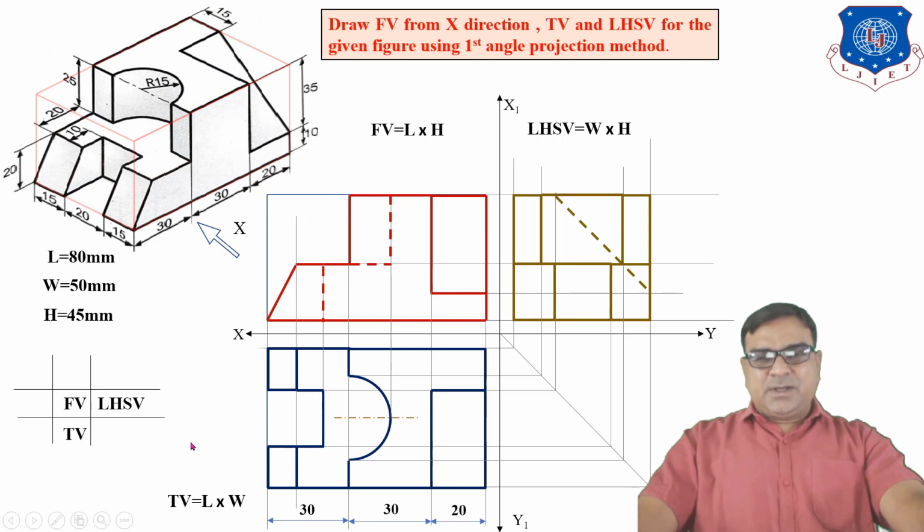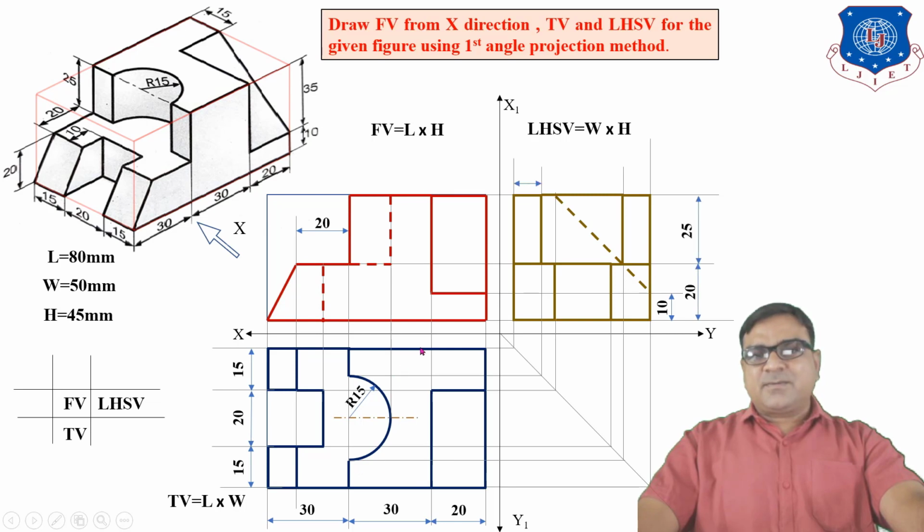So insert all the dimensions using a line system: 30 mm, 30 mm, 20 mm, 20, 15, 15, semicircle 15 radius. So insert all the dimensions which are required. So front view, top view and left hand side.